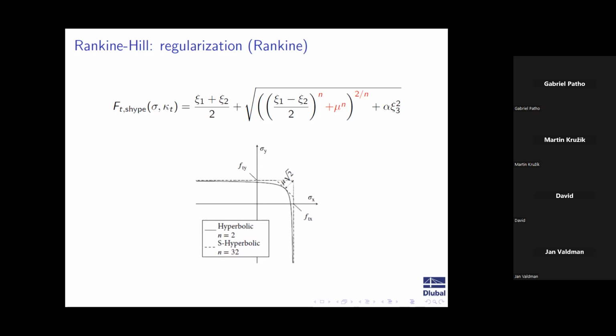So I do not take the second exponent, but I change it to the power of n, and the whole is then to the power of 2 over n. And you can see here, I did not change the apex, so this is the same. Although it looks like straight lines, this is not. So this is the surface for n equals 32, a very regularized one. So you have some high curvatures around these edges, but this is still smooth.